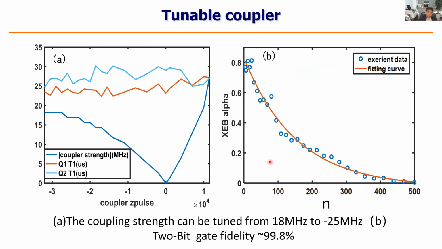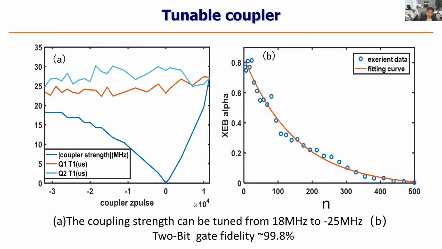For example, from this picture, you will see this curve showing the coupling strength between the two qubits, and we can control it from 18 megahertz to minus 25 megahertz. And during this tuning range, the coherence time of the two qubits stays quite good. And also in this case we can easily have a gate fidelity higher than 99.8%.